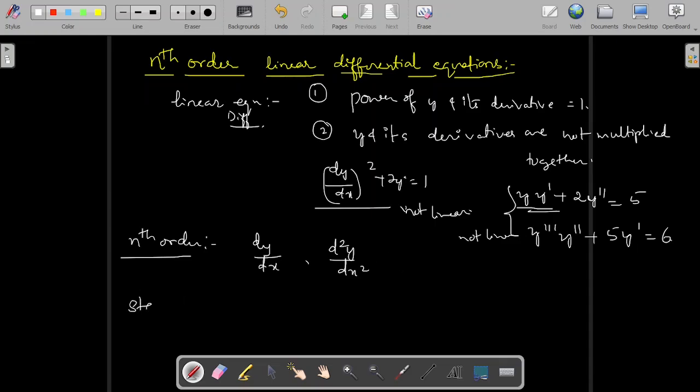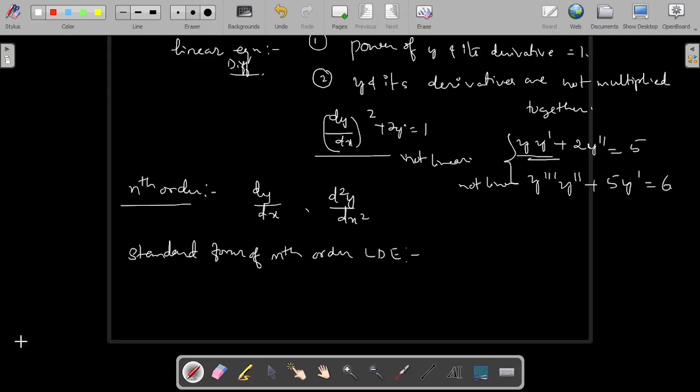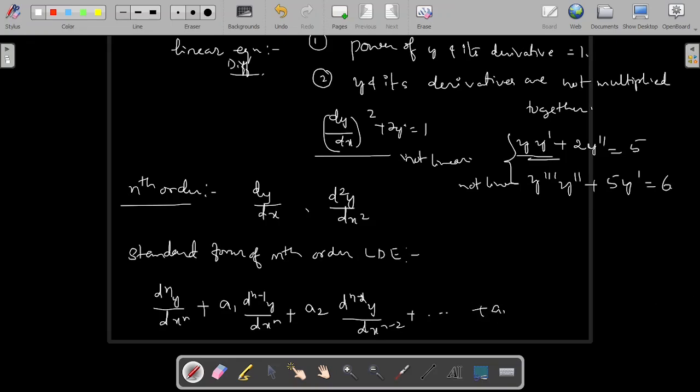Now you have to write the standard form of nth order linear differential equation. So the standard form is given as d^n y/dx^n plus a1 d^(n-1) y/dx^(n-1) plus a2 d^(n-2) y/dx^(n-2) plus so on up to an into y equal to phi of x.